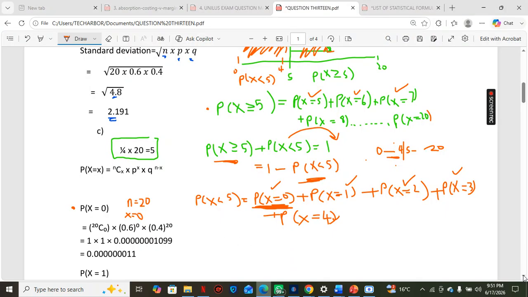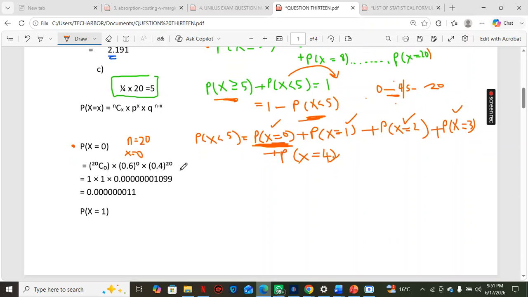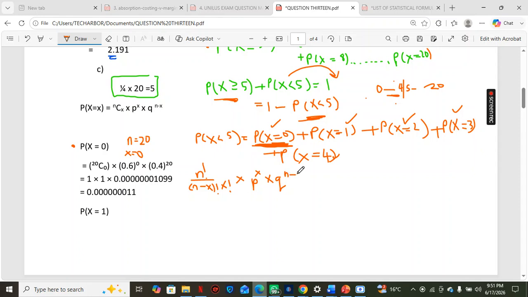Okay, let me walk you through these calculations. Remember the formula for binomial distribution: n factorial over n minus x factorial, x factorial, multiplied by the probability of a success raised to the power x, multiplied by the probability of a failure raised to the power n minus x.